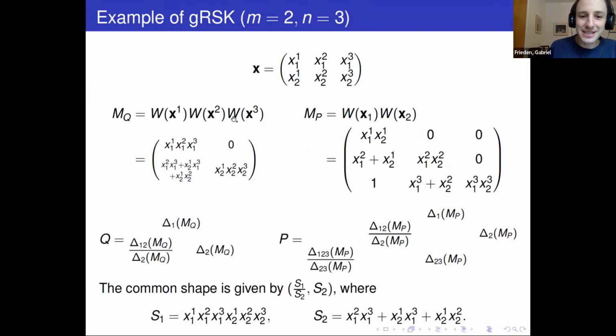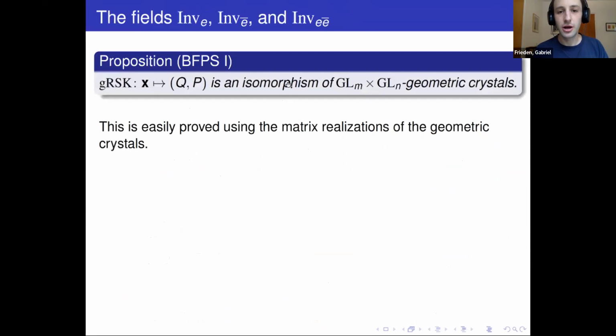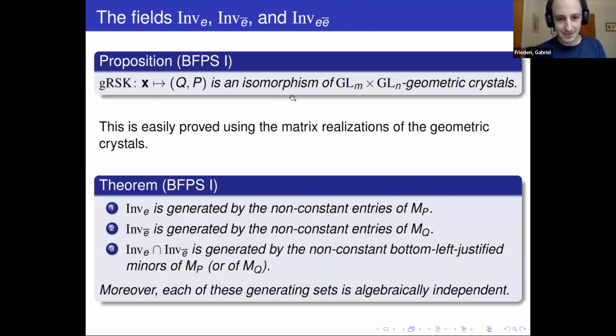The GLm geometric crystal operators only act on the Q pattern, so they don't affect any of these entries. Using this result, these 5 polynomials are easily seen to be invariants. And then the tricky thing is to prove that they generate all the invariants. So we had to use a little bit of algebraic geometry for that.